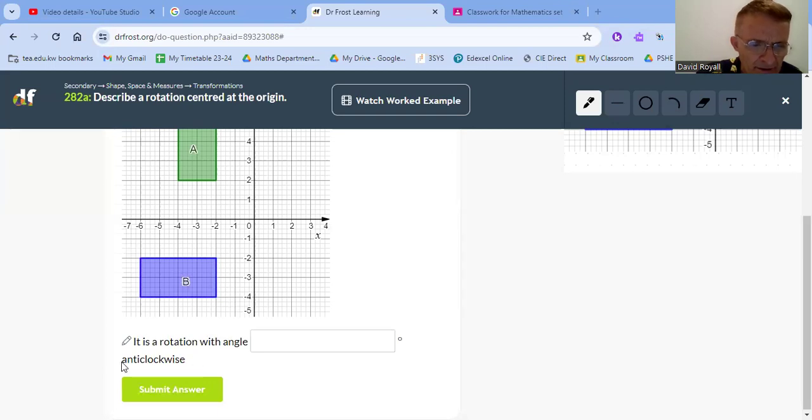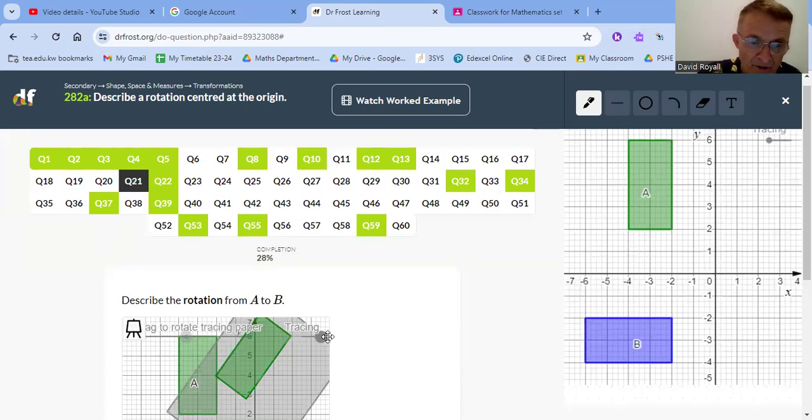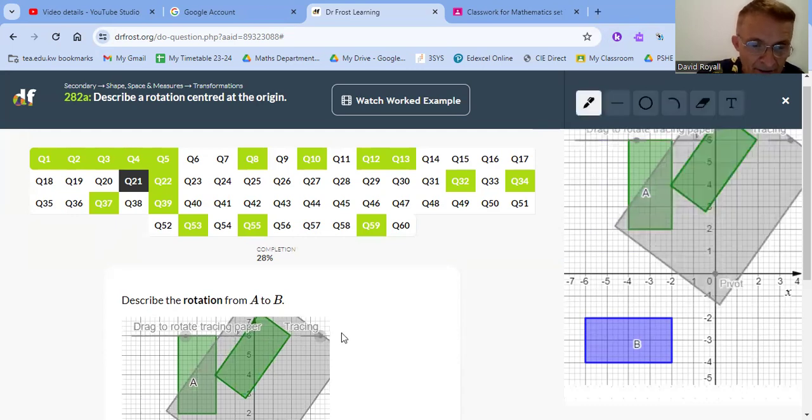But it wants to know what the rotation was anti-clockwise. It must have been 90 degrees. That's it, you see. You hardly need the tracing paper, but all right, if we've got it.